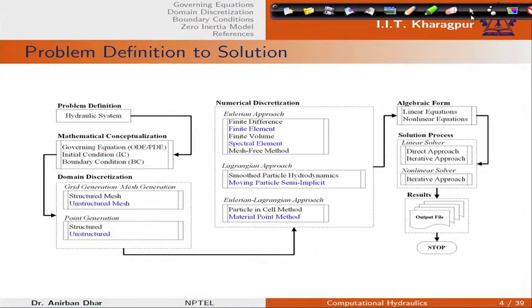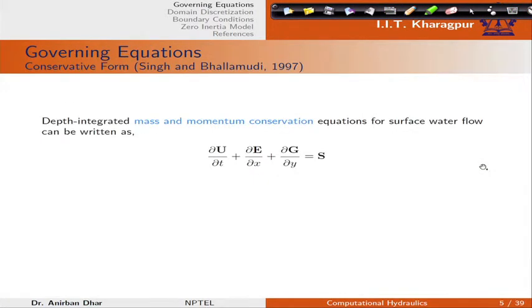So, in this case, the conservative form of the governing equation, depth averaged mass and momentum conservation equations for surface water flow, can be written like this, where U is vector, E is vector, G and S all are column vectors.